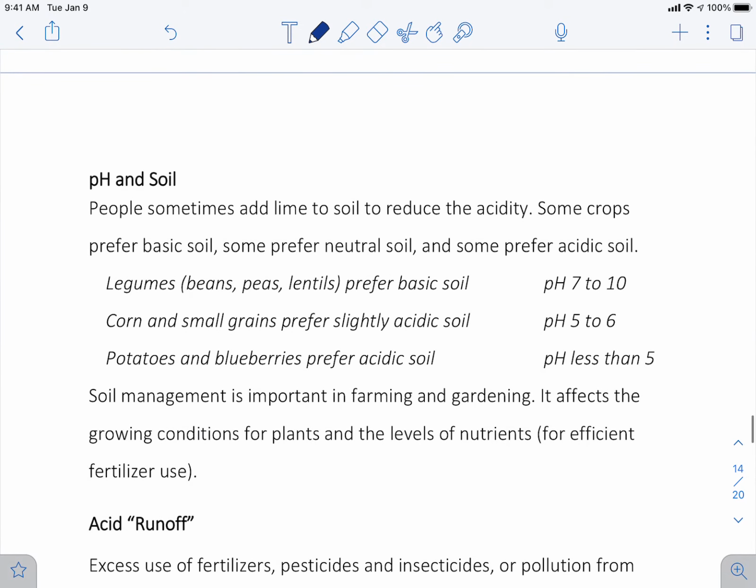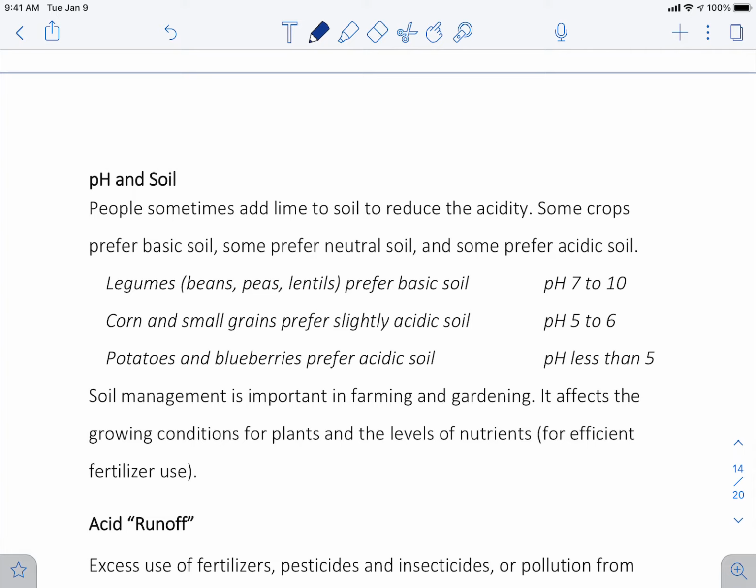Now we also require to think about pH when we think about soil. So sometimes people will add lime to a soil to reduce its acidity. Lime, remember, is one of those hydroxide products. And some crops prefer basic soil, while some prefer a neutral soil, and there are even some that prefer an acidic soil.